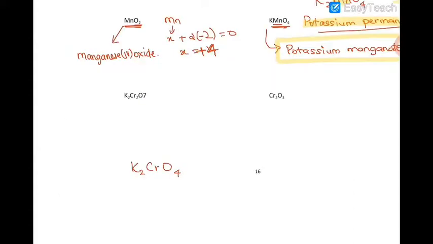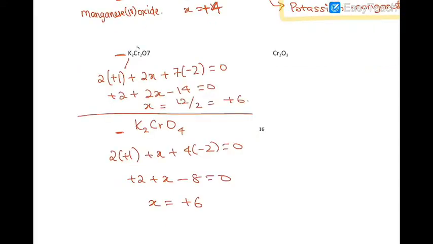Now you have these two compounds here, and when you calculate the oxidation state of chromium in each of them, you find that the oxidation state of chromium in both is +6.